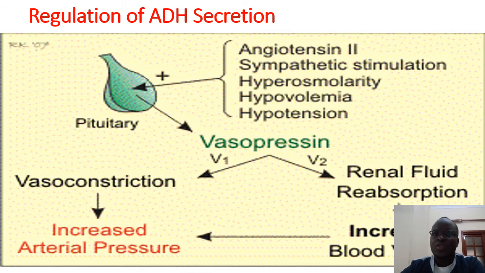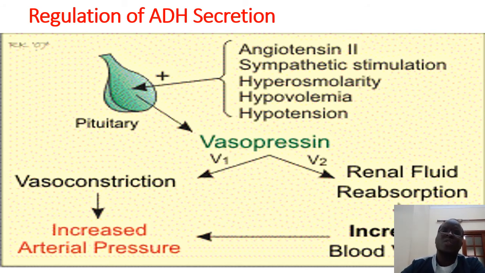the renin is going to convert a precursor that is produced by the liver, the hepatocytes. The hepatocytes produce angiotensinogen. The angiotensinogen will be converted into angiotensin 1. Then the angiotensin 1, after it has been converted by renin, will be transported to the lungs and to the kidneys, where you have angiotensin converting enzymes that convert angiotensin 1 into angiotensin 2.